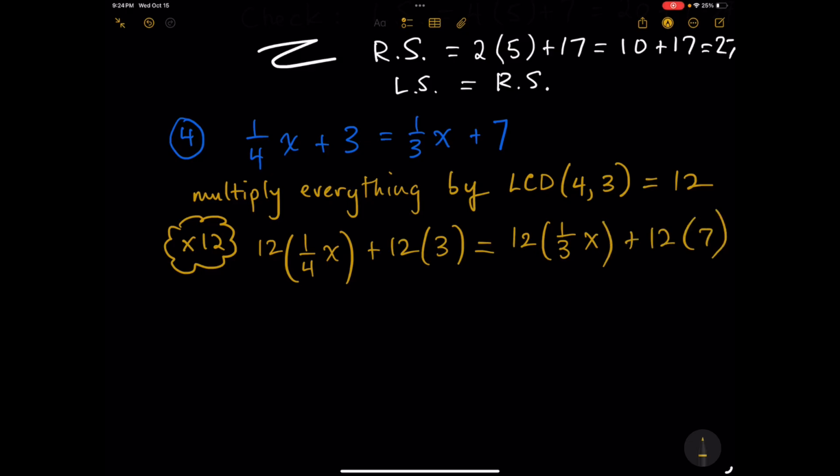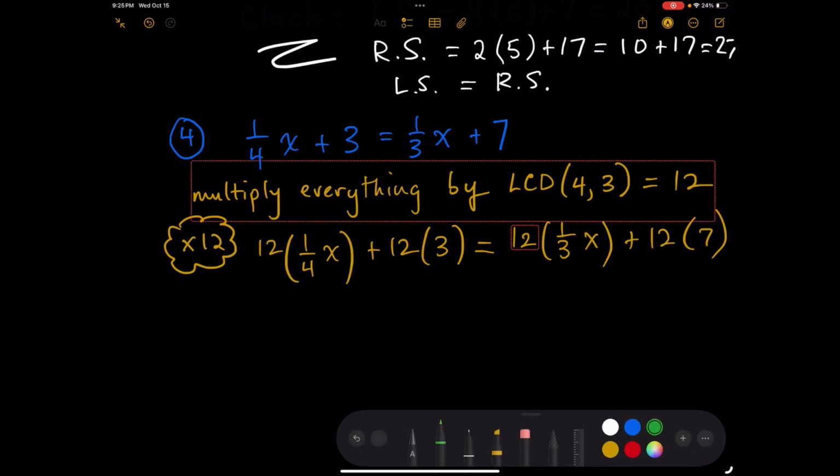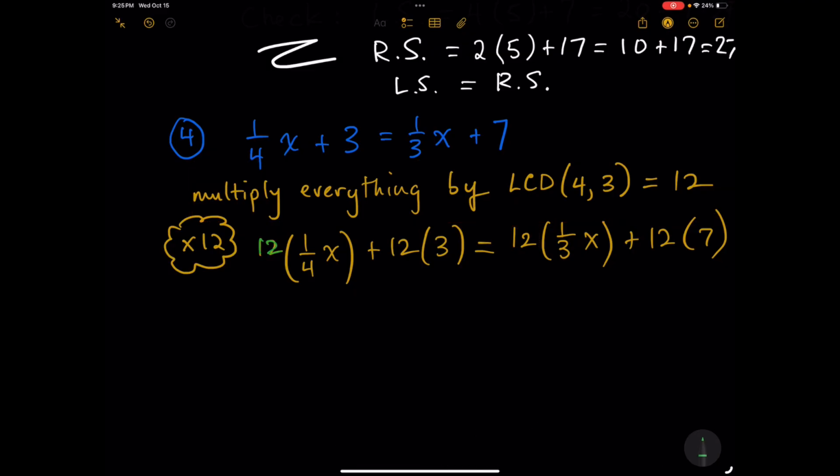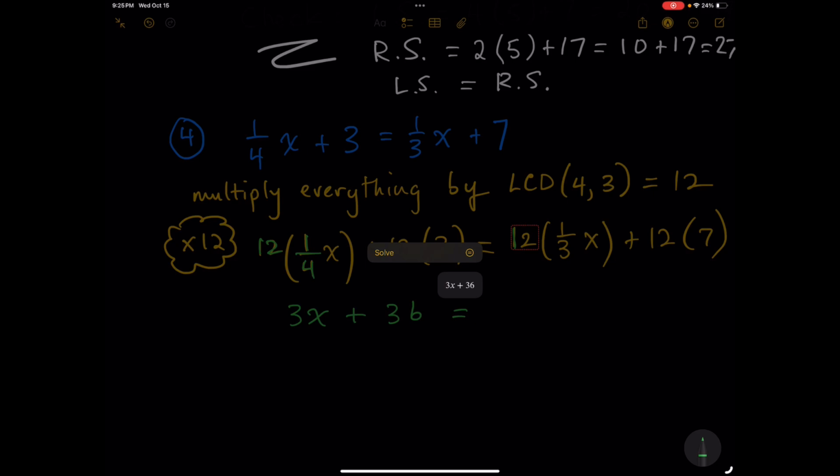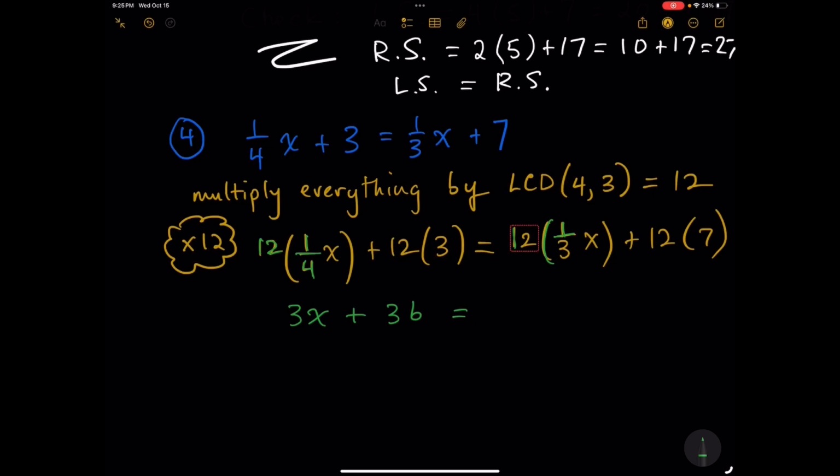Now it looks like it's getting more complicated, but the nice thing here is that 12 times 1 divided by 4 equals 3x. And now 12 times 3 is 36. And then the next fraction, 12 times 1/3, that's 12 times 1 divided by 3, that's 4x. And finally, 12 times 7 is 84.